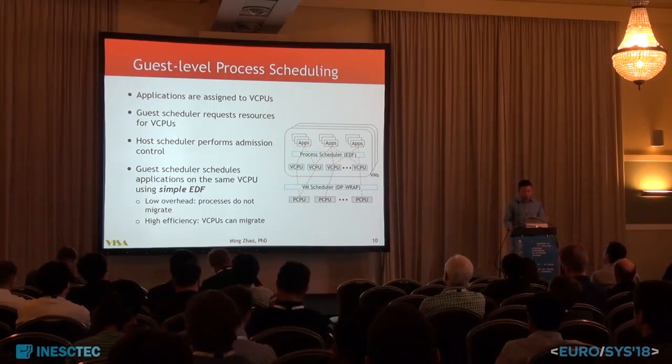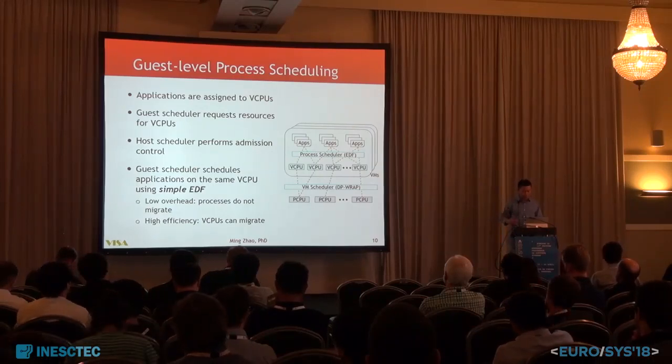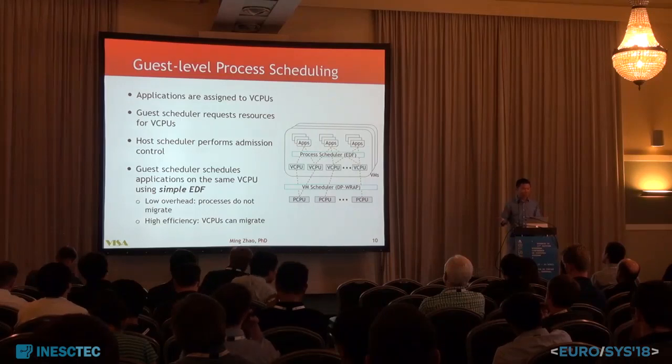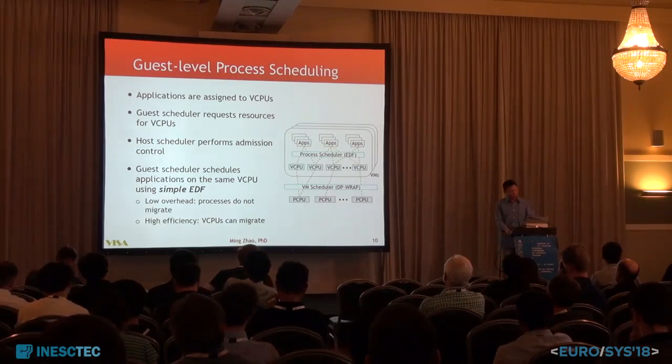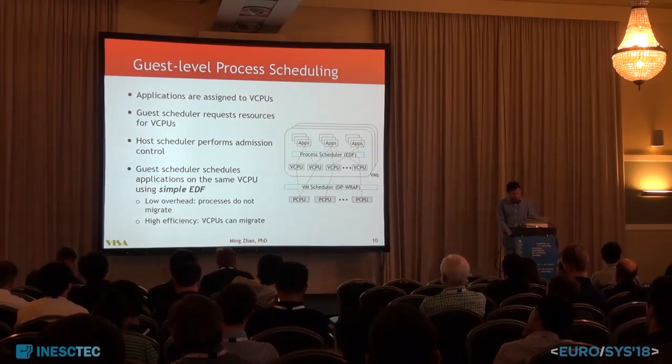So the processes are not allowed to migrate, and that is good for us because it makes it really easy for us to determine the bandwidth requirement of each vCPU. It also helps us avoid the overhead from process migration.